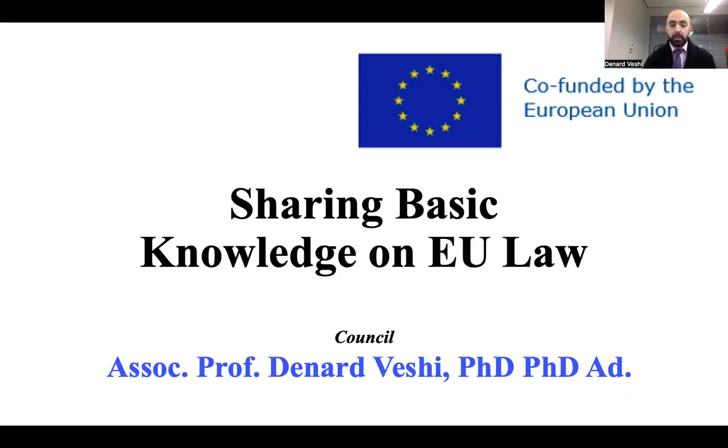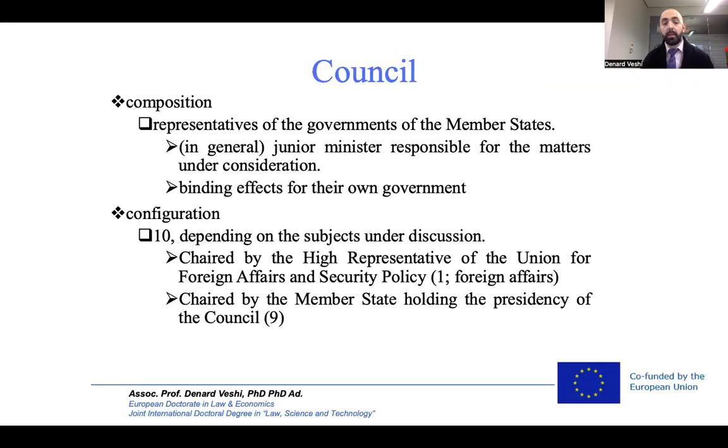Regarding the Council, its composition represents the governments of the member states. Generally it is the junior minister responsible for the matter under consideration. So, for example, if it's a matter regarding financial law, the Minister of Financial Affairs is going to be represented there.